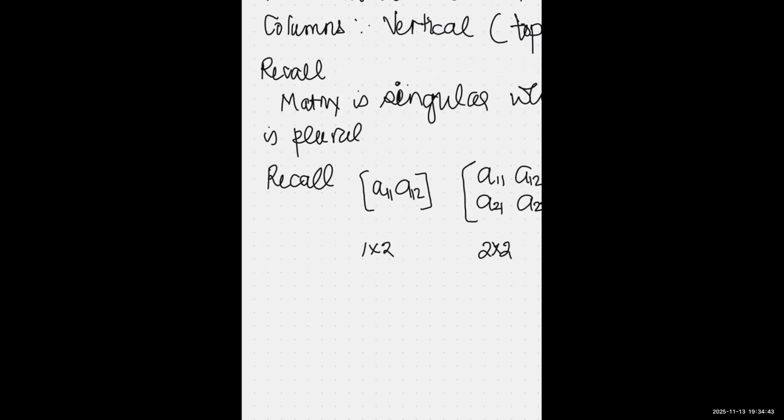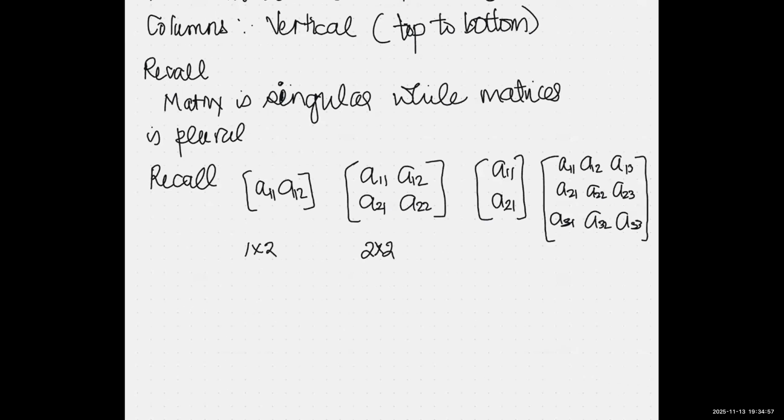So what I want you to do is get in the habit of saying it in the correct order. We're not going to call columns first, we're going to call rows first. So we name our matrices from the rows, then columns. So this has one row and it has two columns.